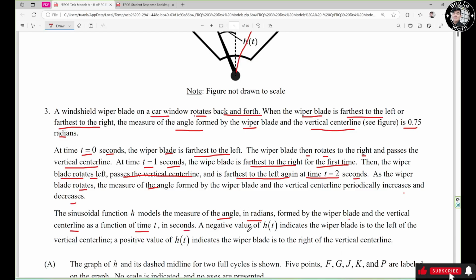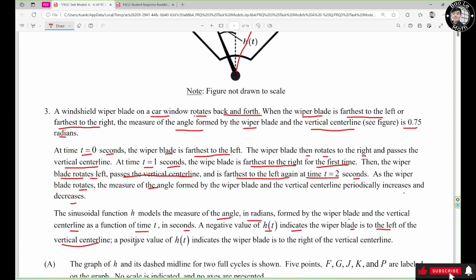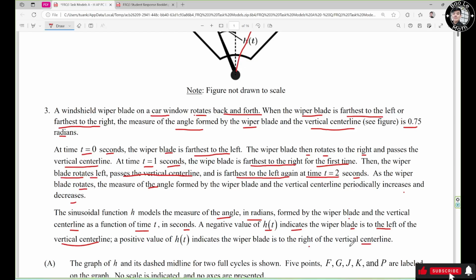A negative value of h of t indicates the wiper plate is to the left of the vertical center line. So to the left, h of t is negative. To the right, h of t is positive, so keep that in mind. A positive value of h of t indicates the wiper plate is to the right of the vertical center line.